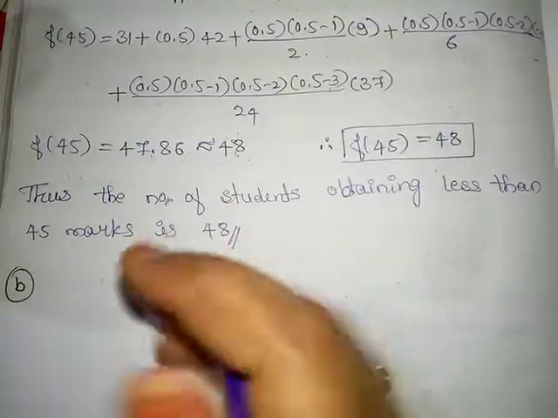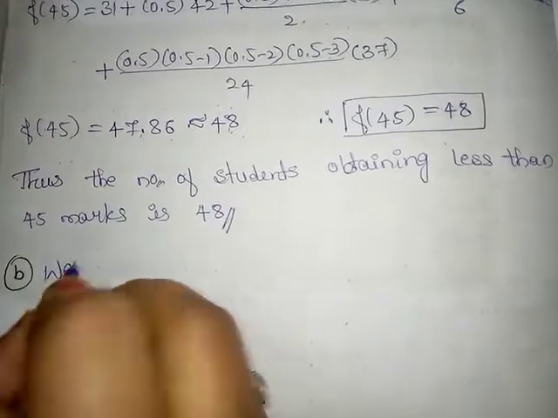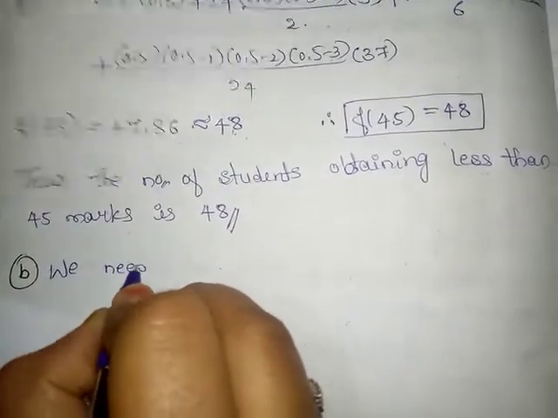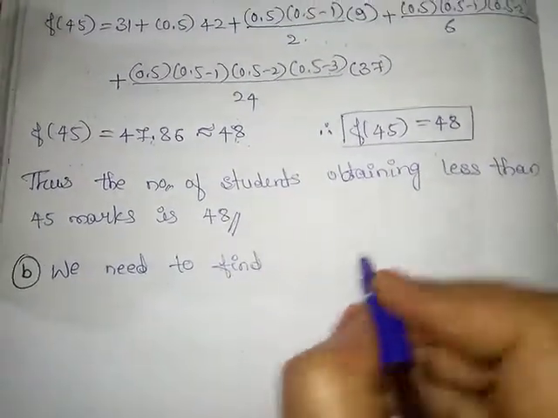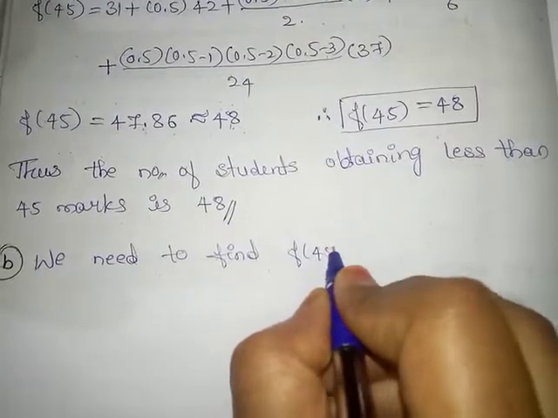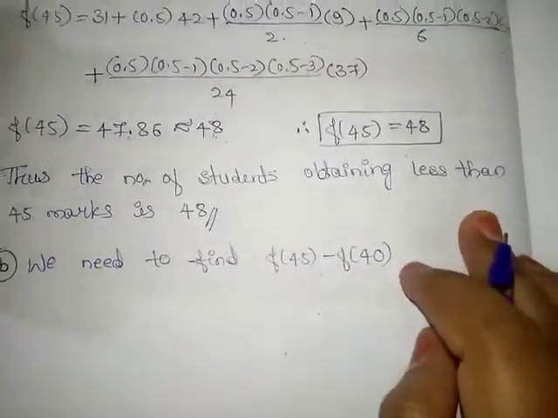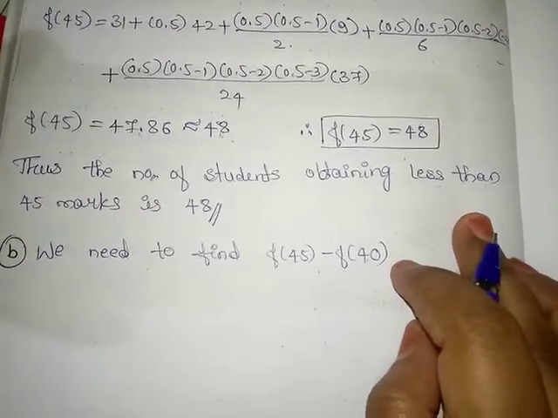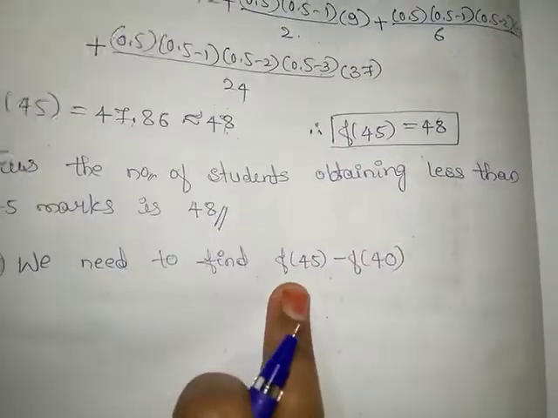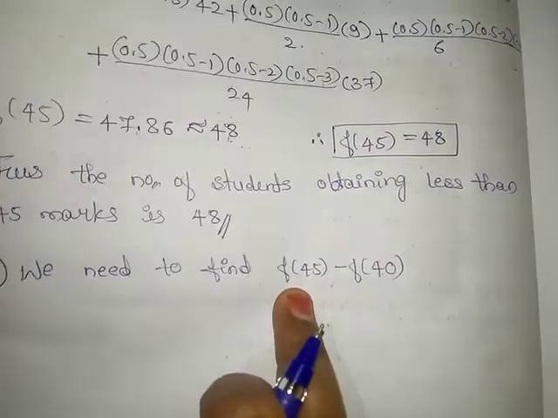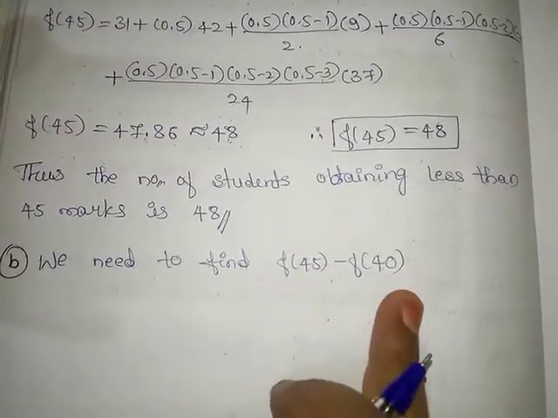Okay, see, we need to find f of 45 minus f of 40. They are asking to find those having marks between 40 and 45, so we take the difference: the number of students having 45 marks minus the number of students having 40 marks.